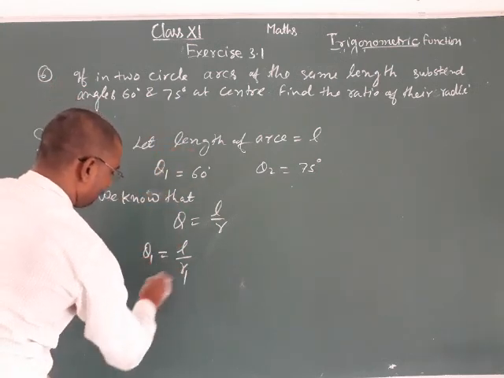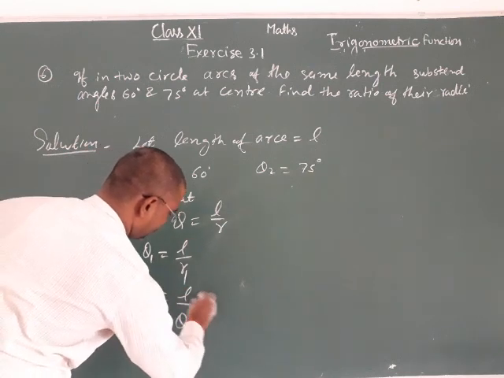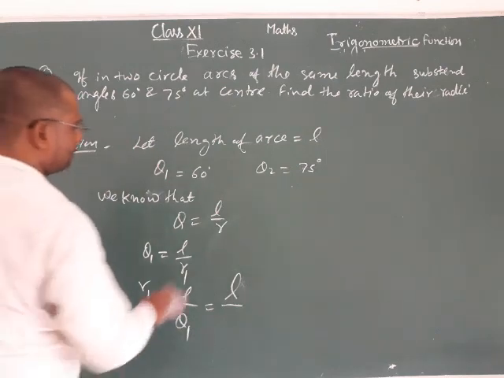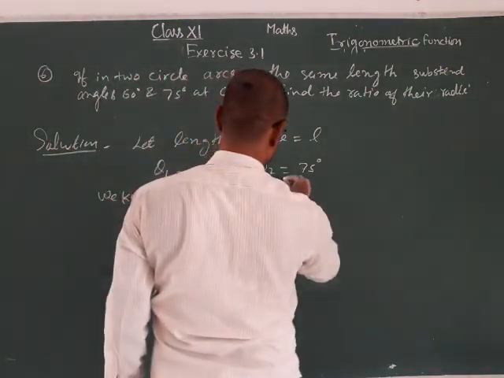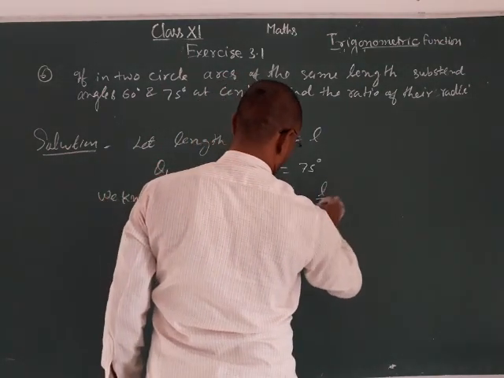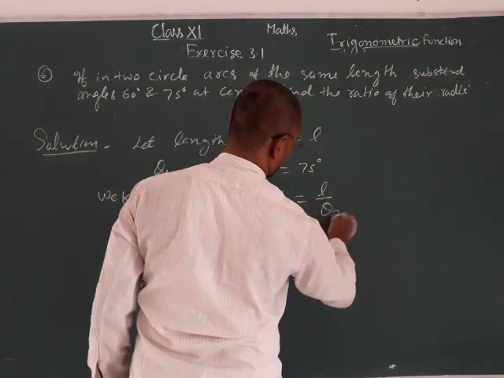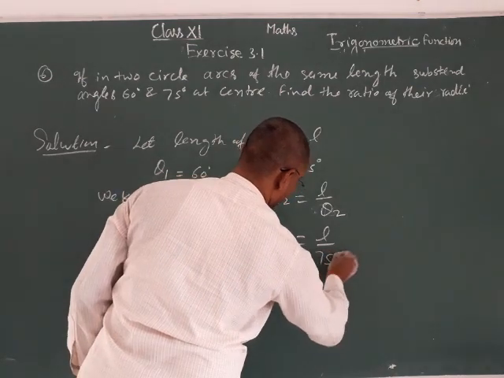So now r1 is equal to L upon theta 1. So r1 is L upon 60 degree, and also r2 is equal to L upon theta 2, L upon 75 degree.